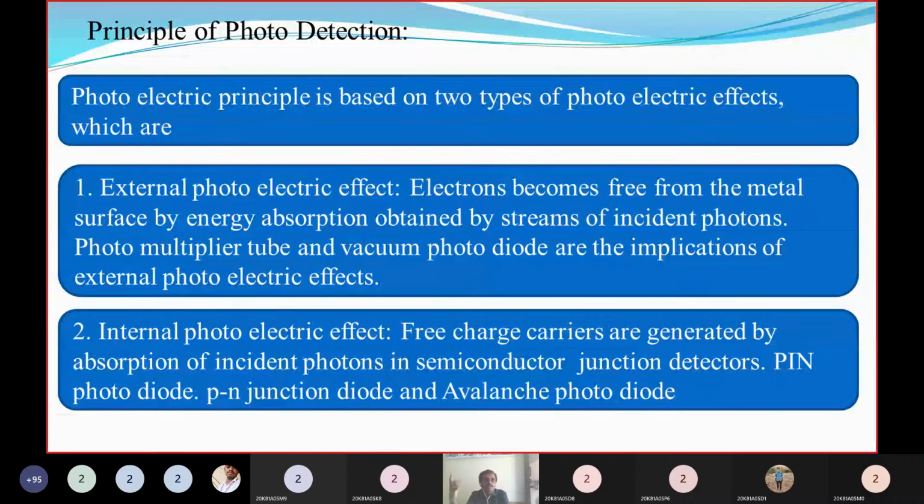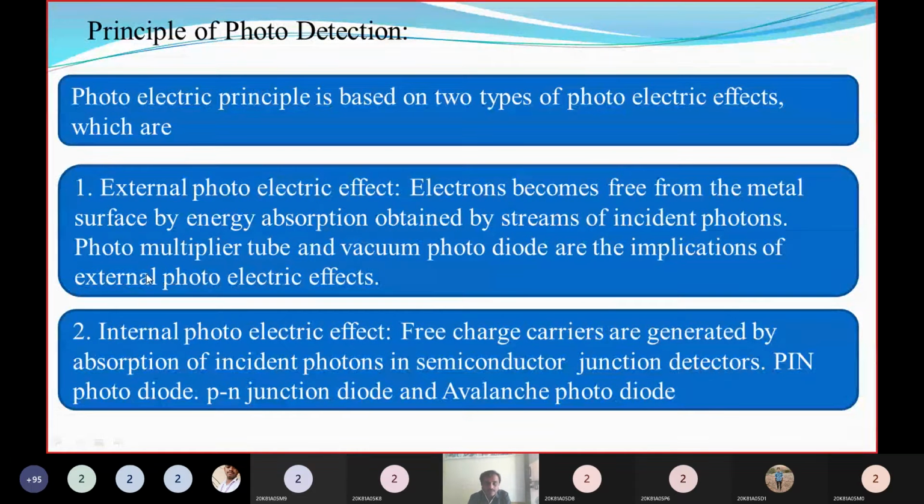Previously we discussed that the electron goes from the valence band to the conduction band, but here the electron comes out totally from the metal surface. If the electron comes out from the metal surface, it will be a free electron. It will move in space, not in the material. This effect we will call the external photoelectric effect.